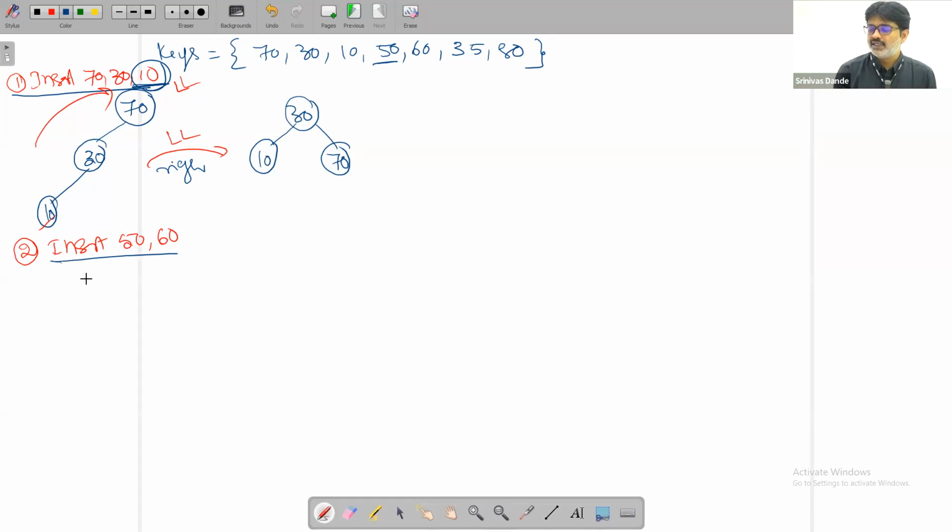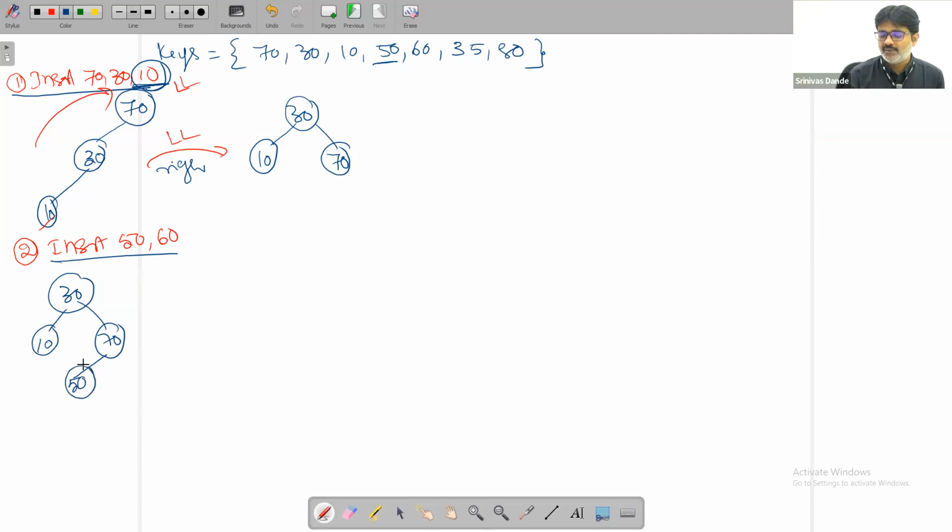So my above tree is like this. As of now, I have a tree like this, 10 this side and 70 this side. Okay. Now 50. 50 should be left of 70. Yes, 50 comes like this.